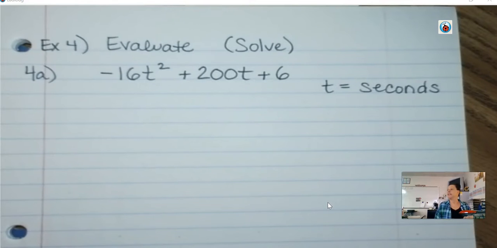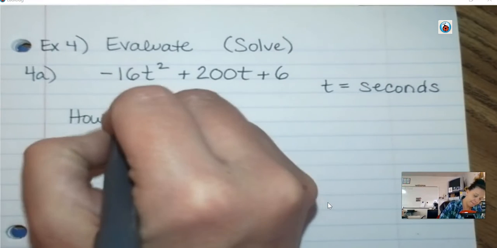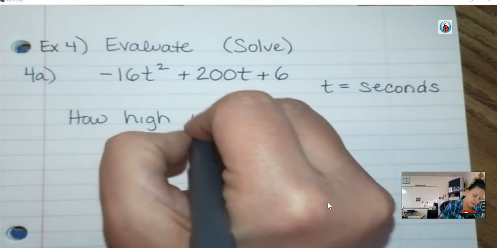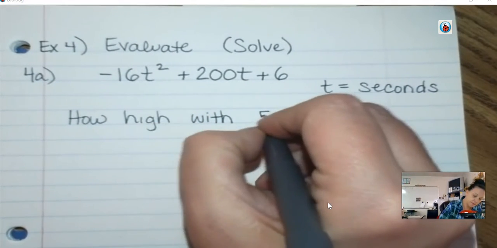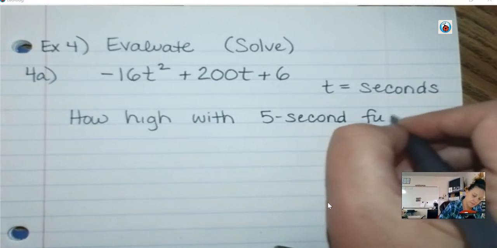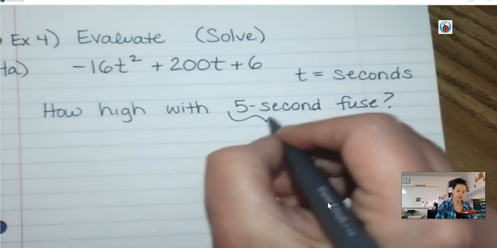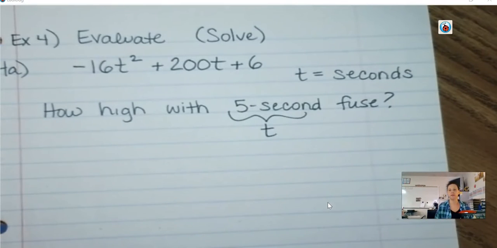Make sure your t looks like a t and not a plus sign so you're not getting confused later. Okay, the question says, how high will the rocket go if it has a 5-second fuse? So how high with a 5-second fuse? So 5 seconds, this is your t.